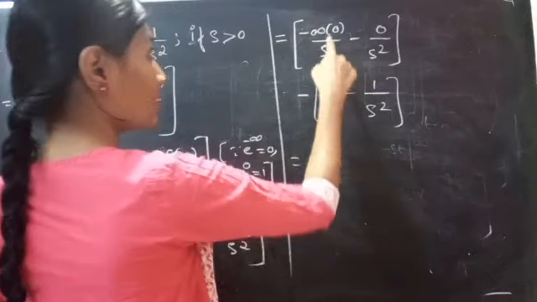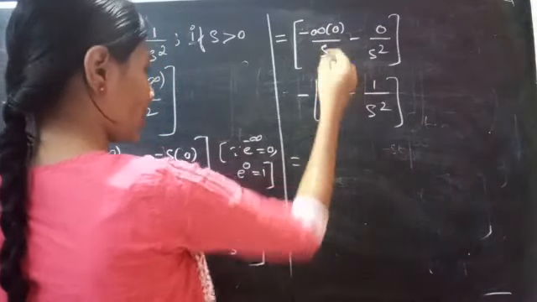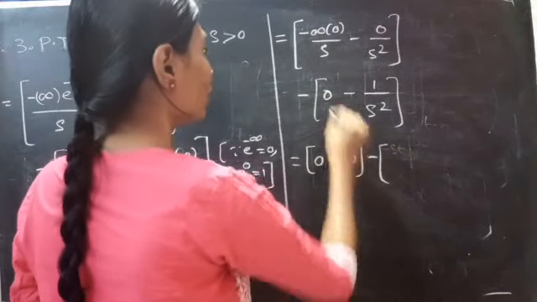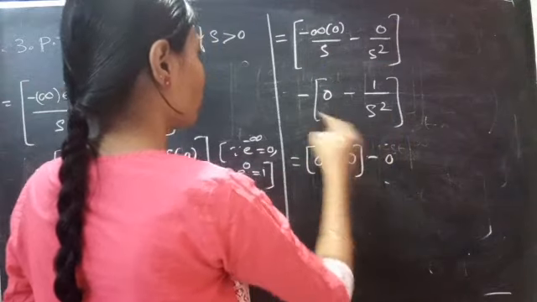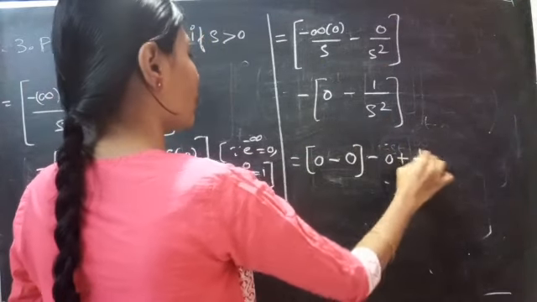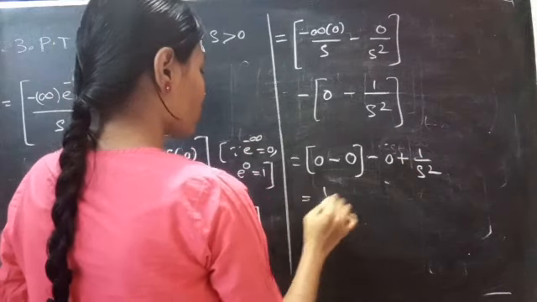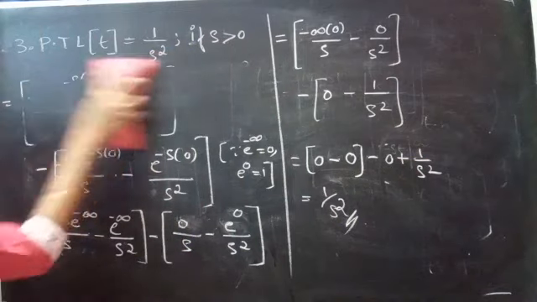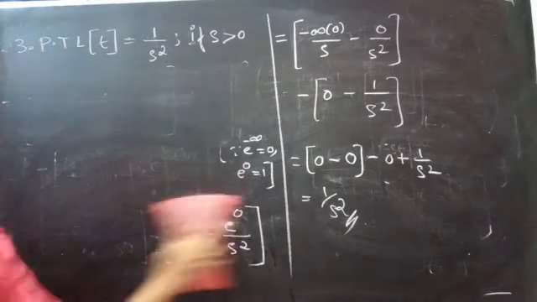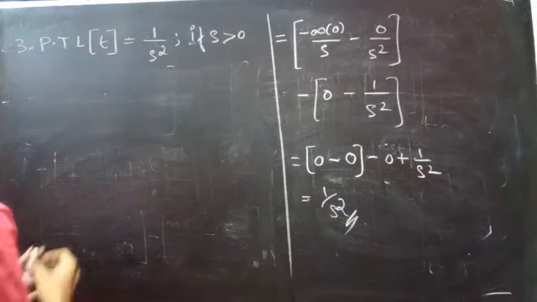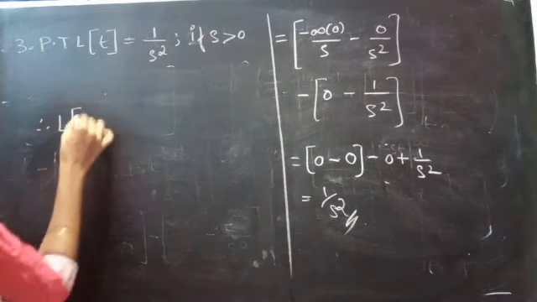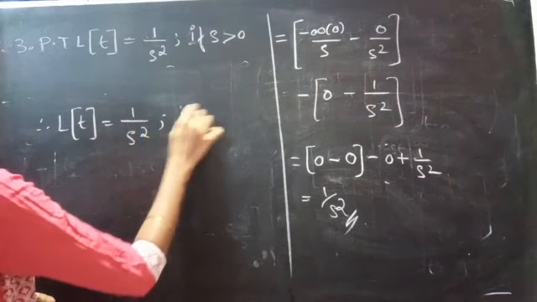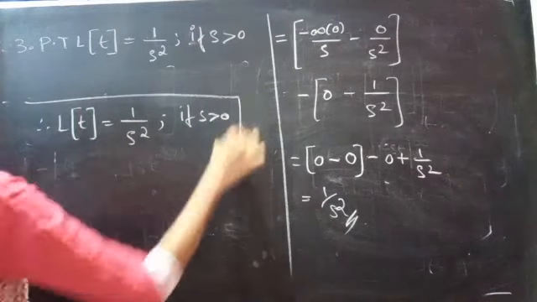So finally you'll get 0 into anything is 0. 0 by s is 0. 0 minus 0 by s square is 0. Minus of 0, or minus 0, minus into minus plus 1 by s square. So this equals 1 by s square. Therefore L of t is equal to 1 by s square, s is greater than 0.